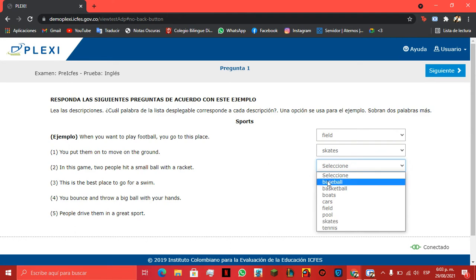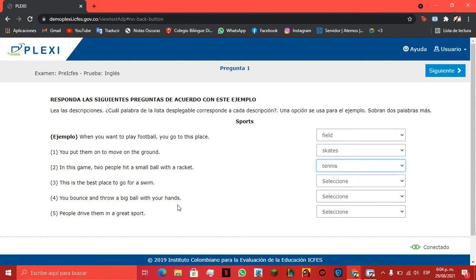Baseball is played by teams of 10 people maybe. Basketball also is played by teams of 5, 6 people. I think that's why the answer is tennis, because it's played by two people and they use rackets.